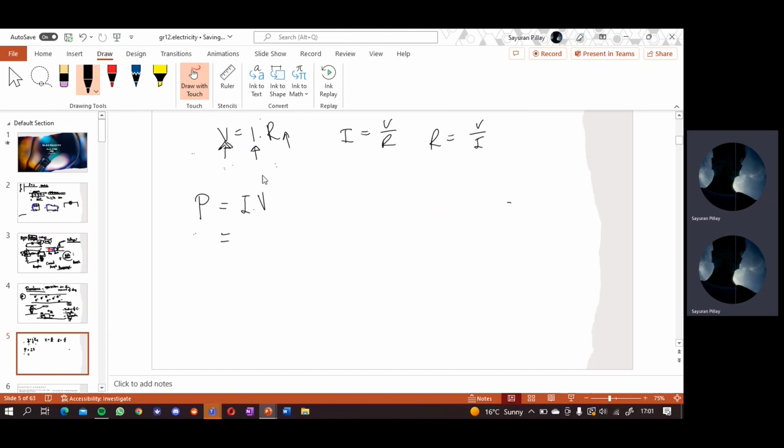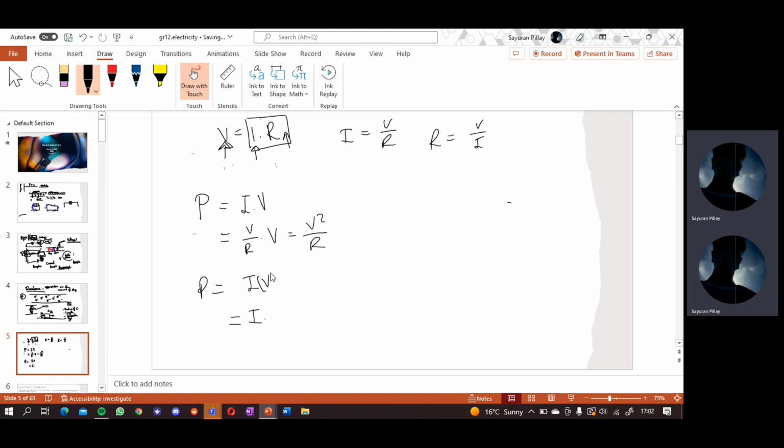But now let's derive some stuff. So I equals V over R, isn't it? So power is equal to V over R times V. That looks like V squared over R, isn't it? And it is. That's the same thing. And then power, we said, is IV. Now V is IR. So let's do some derivation.